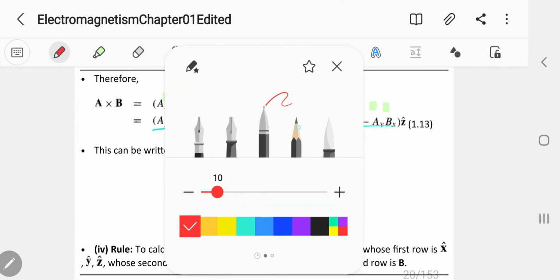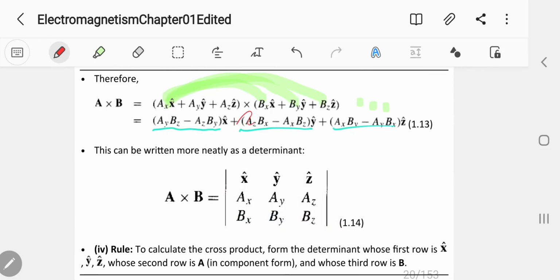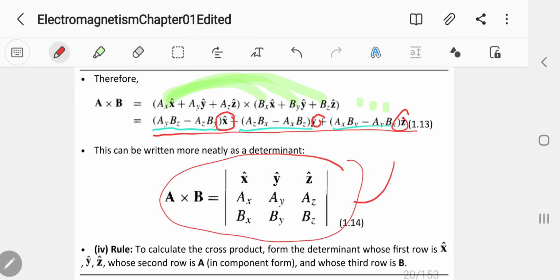You have to take note that there is a direction x here, y, and z. And of course, this expression is equivalent to a determinant. So you can write your A cross B as a determinant here.